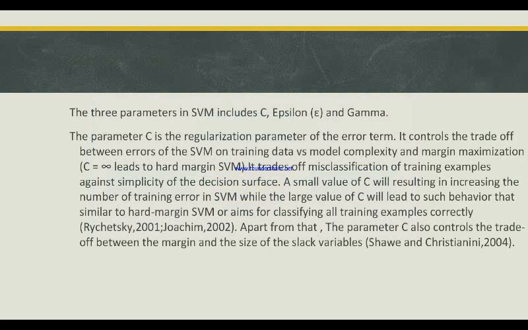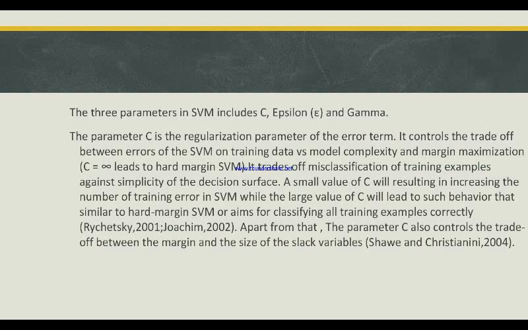The C parameter is the regularization parameter of the error term, which controls the trade-off between errors of the SVM on training data versus model complexity and margin maximization, where C equal to infinity leads to hard margin SVM. It trades off misclassification of training examples against simplicity of the decision surface.